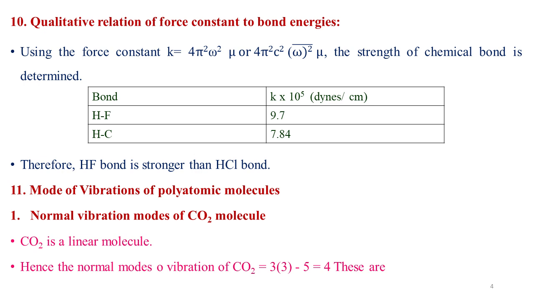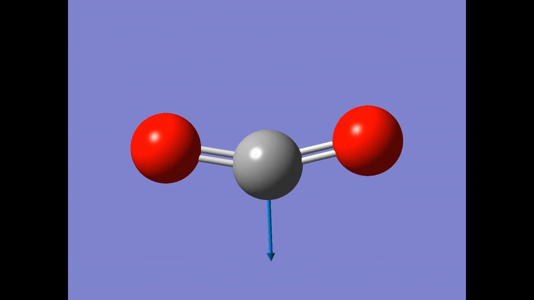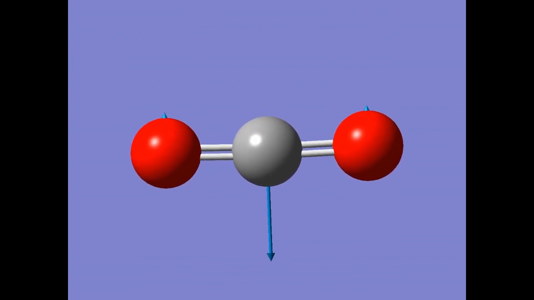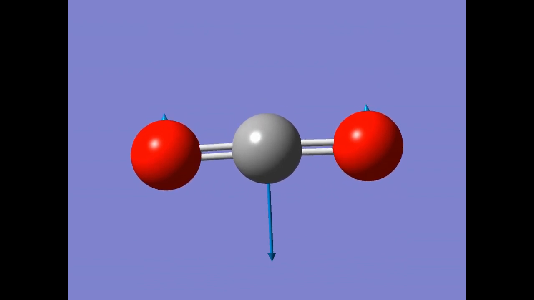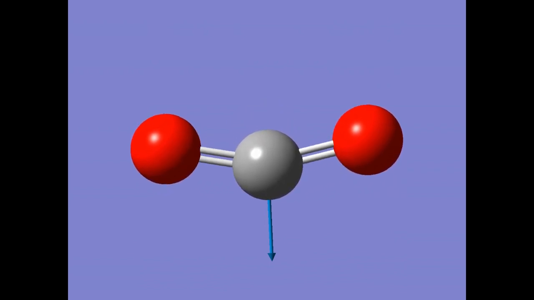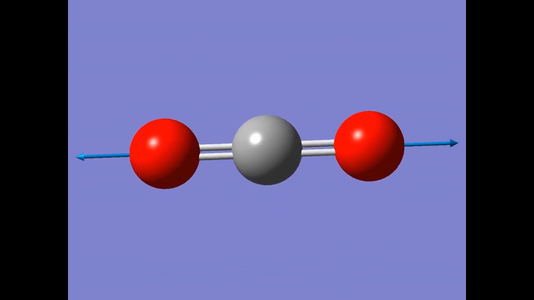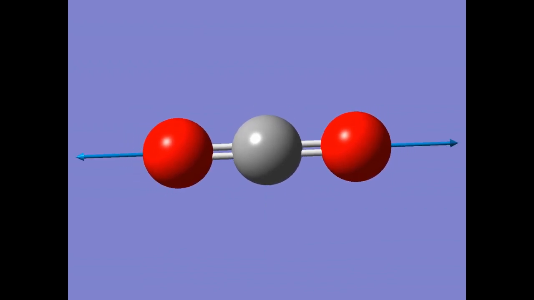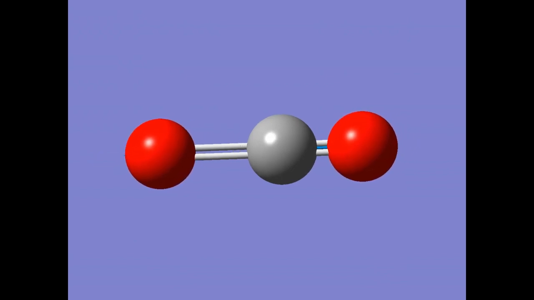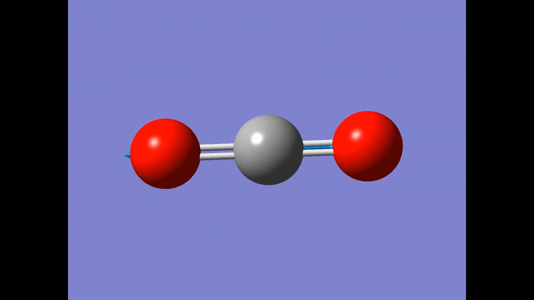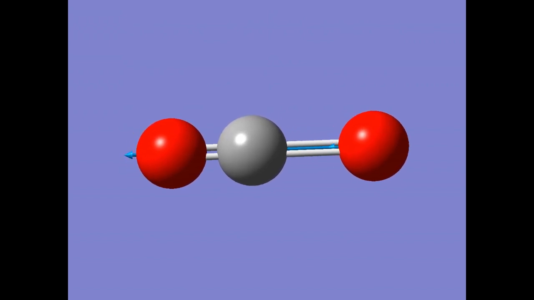Mode of vibrations of polyatomic molecules. We'll see the normal vibration modes of the carbon dioxide molecule. We all know that carbon dioxide is a linear molecule, so the number of normal modes of vibration can be calculated using the formula 3n minus 5. The number of atoms is 3, so 3 into 3 minus 5 is equal to 4. The symmetric stretching, asymmetric stretching, and symmetric bending and scissoring will be found in this molecule.